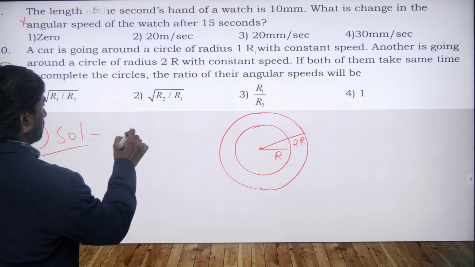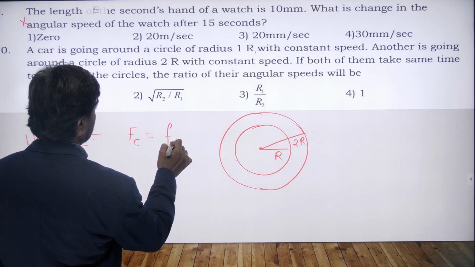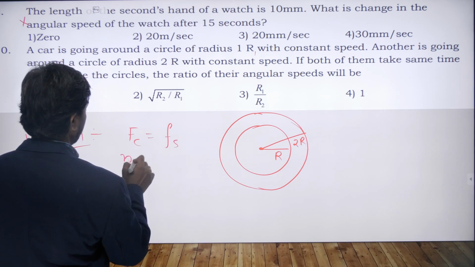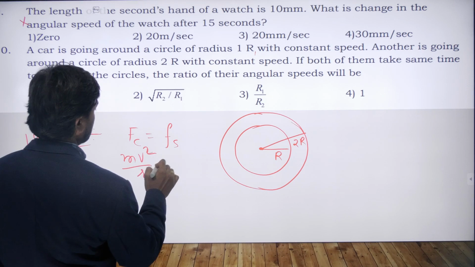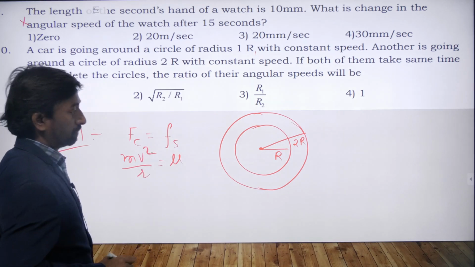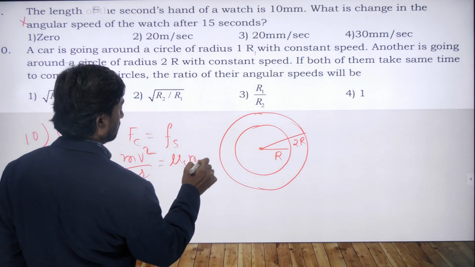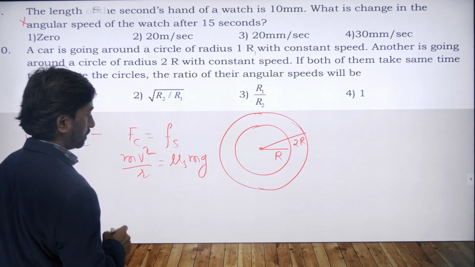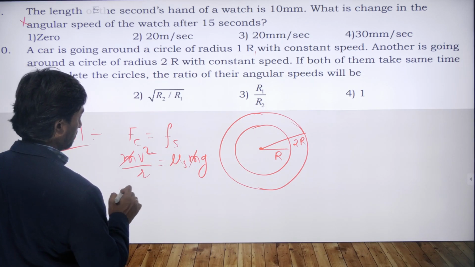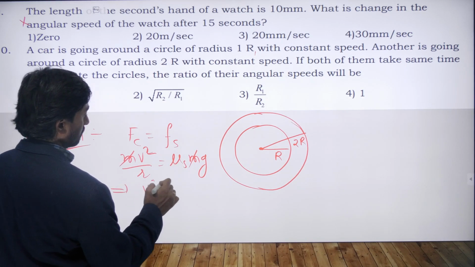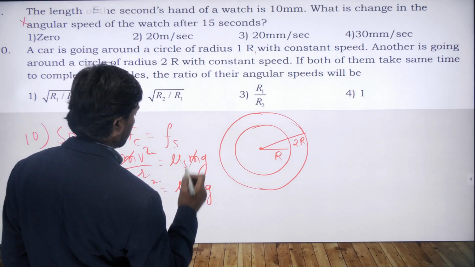Centripetal force Fc equals frictional force Fs. Centripetal force is mv square by r, equals the frictional force, which is mu s mg. Now mass and mass cancel, so we get v square equals mu s into r into g.